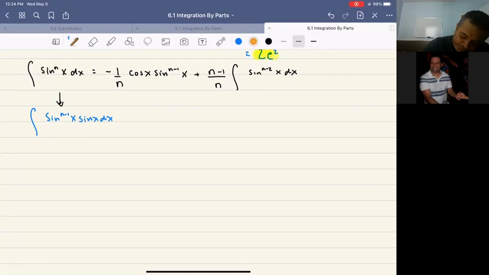So u is sine of x. I just totally messed that up. u is sine of x to the n minus 1. dv is sine x dx. du is n minus 1 times sine of x to the n minus 2 times the derivative of sine, which is cosine of x.